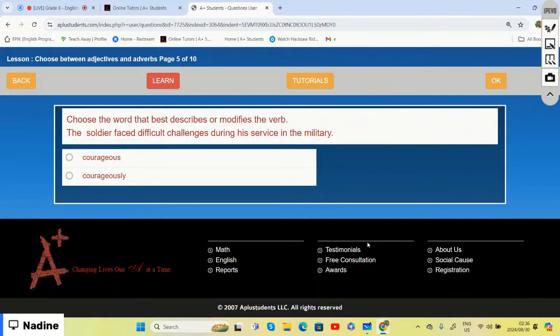All right, and the next one says, do we say the courageous or the courageously soldier faced difficult challenges during his service in the military?